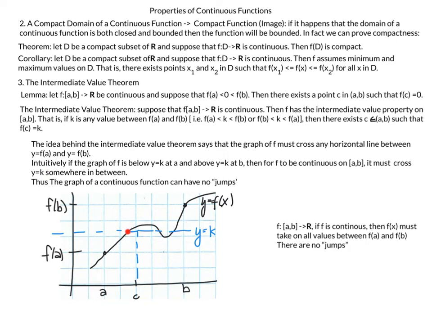It must cross this line somewhere in between. Thus, the graph of a continuous function can have no jumps. A more succinct way of saying this is probably if f is continuous and f maps from a to b, then f of x must take on all values between f of a and f of b. Again, there are no jumps.